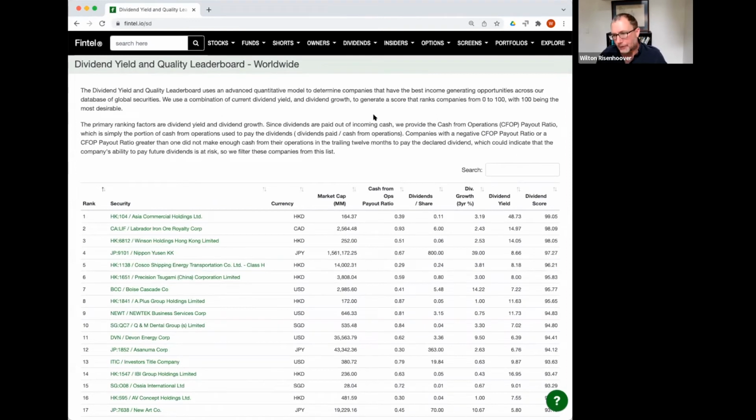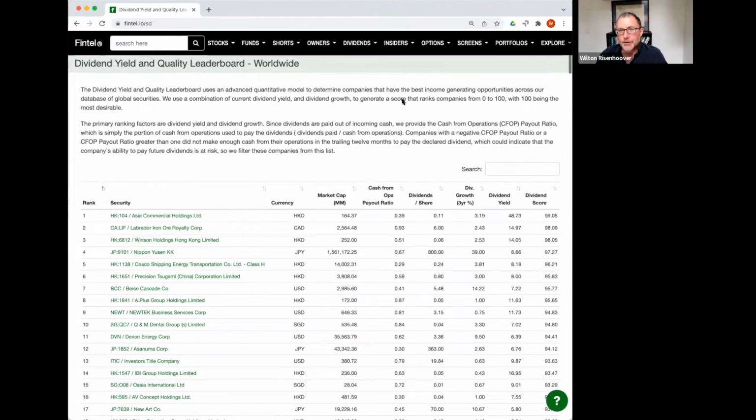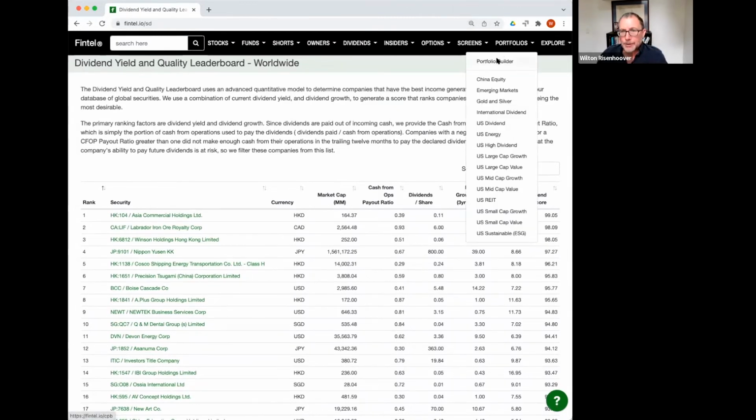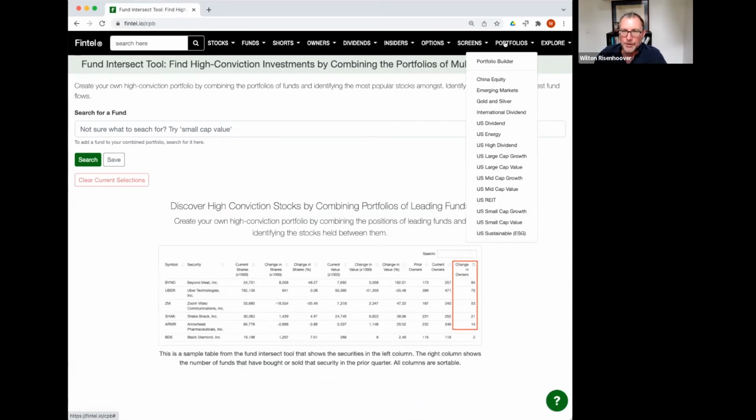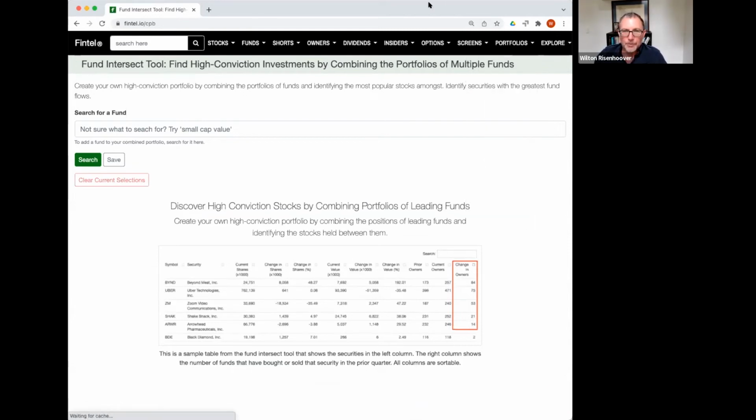So let's talk about the Fund Intersect tool. This is a great idea, and I appreciate you bringing this up. This is basically the portfolio builder. We're probably going to rename this because it's kind of confusing. People have their own portfolio, so it's a bad name to call it a portfolio builder. The Fund Intersect tool is probably what we're going to rename it to.